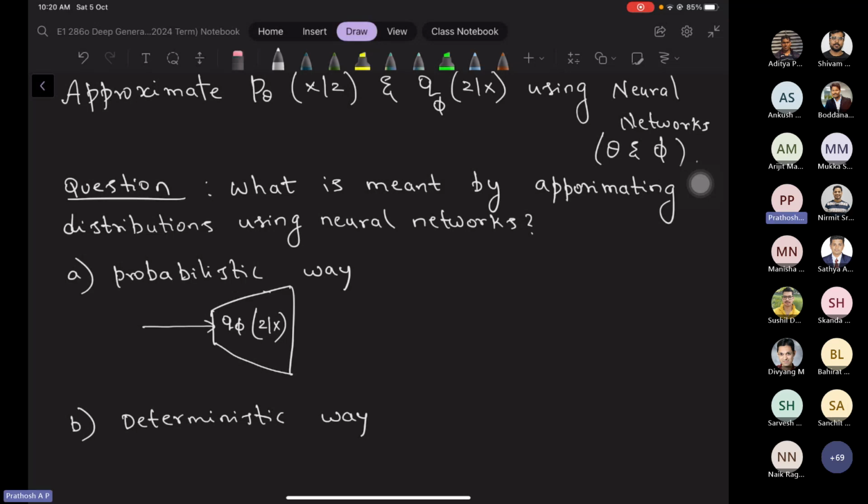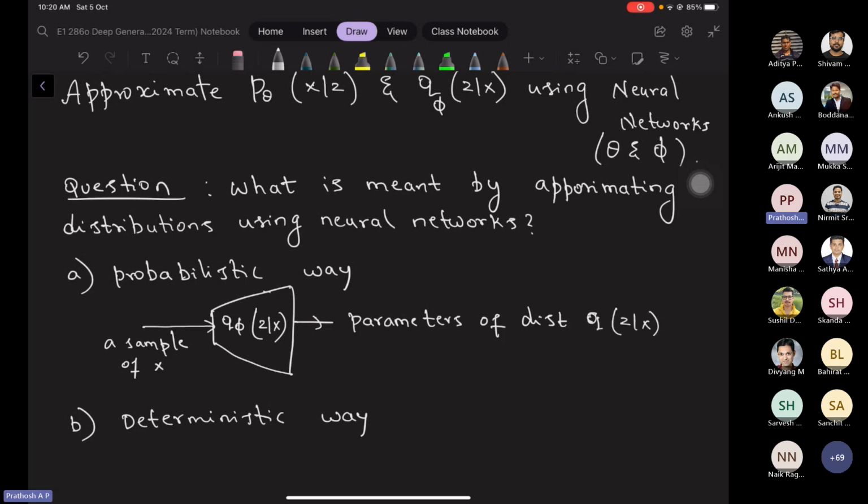Neural networks are deterministic functions: you give a fixed input, it will give you a fixed output always. So it takes a sample of x as an input, and what it gives out are the parameters of the distribution q of z given x.